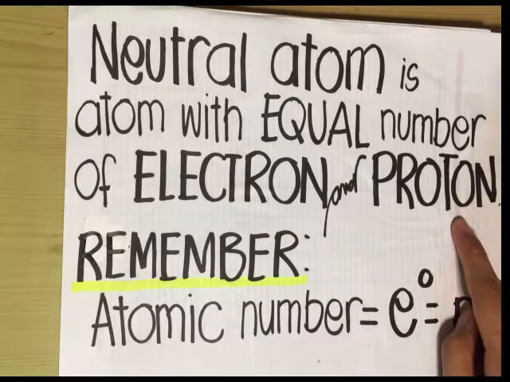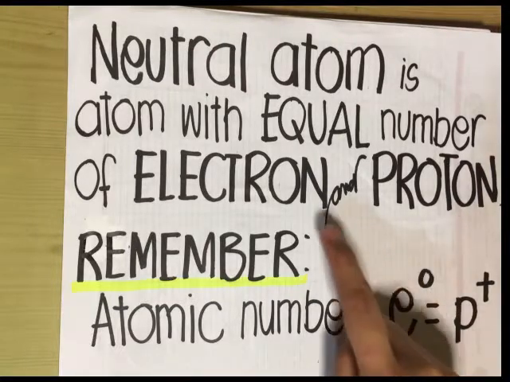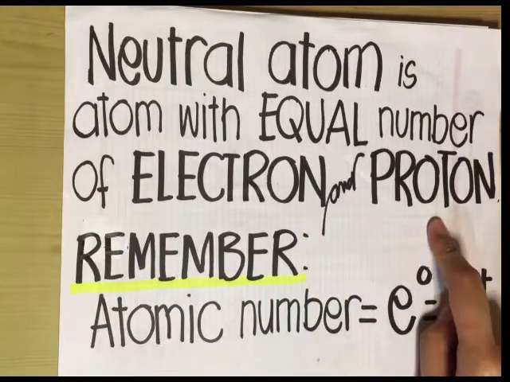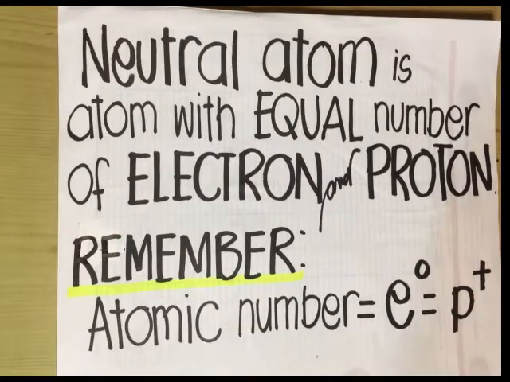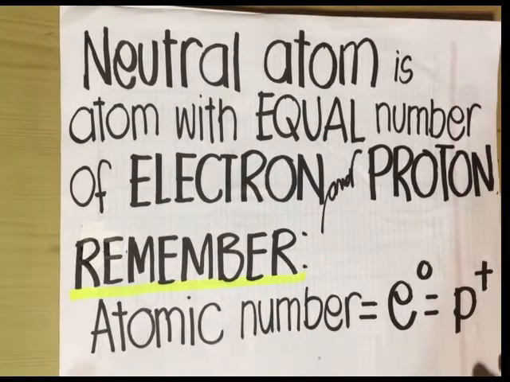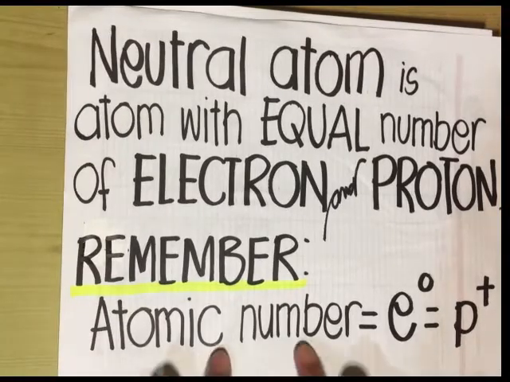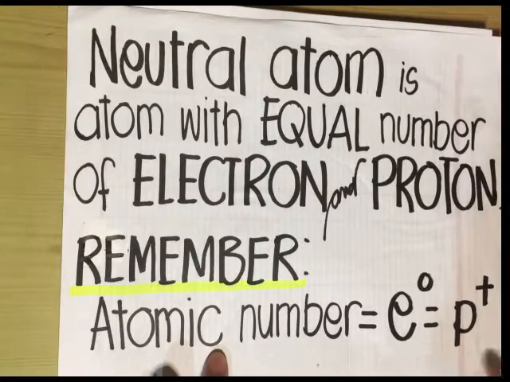Paano mo malalaman kung ano ang number of electron at number of proton? First, you must refer to your periodic table wherein kailangan mong tignan yung kanilang atomic number. This number gives you the number of electrons and number of protons.